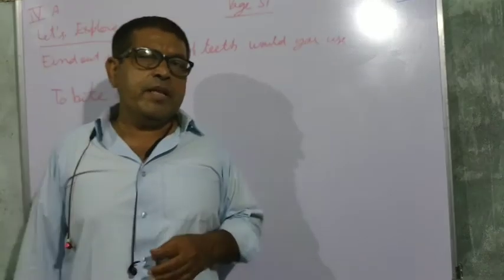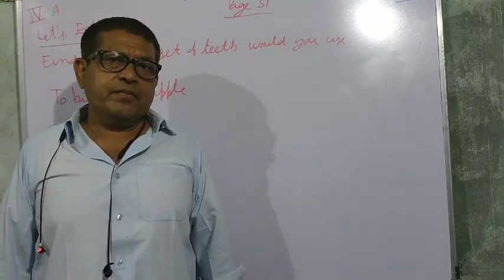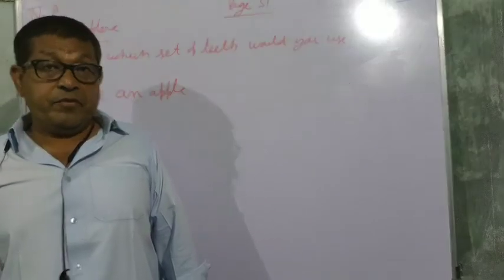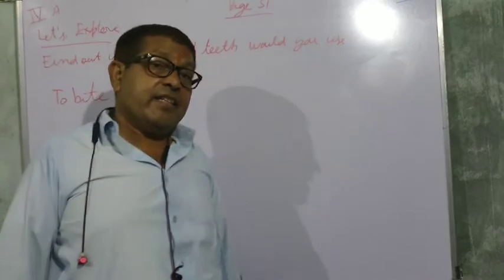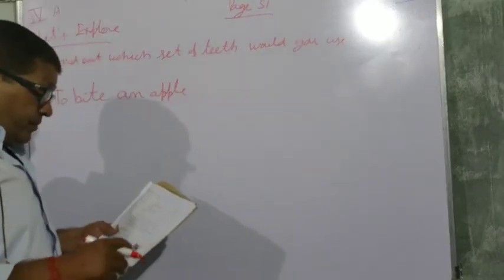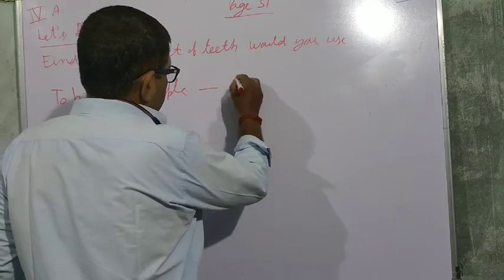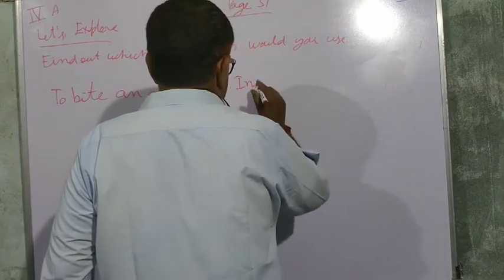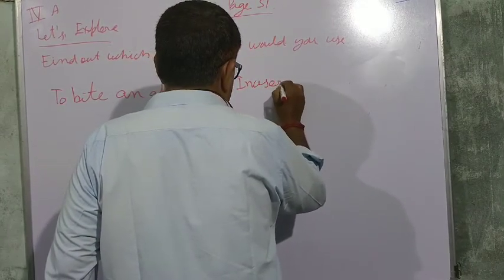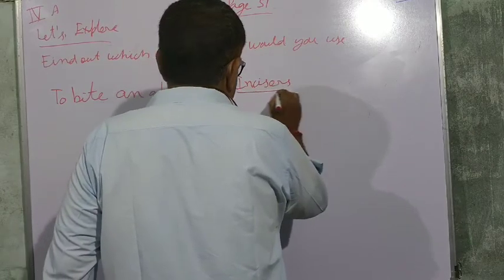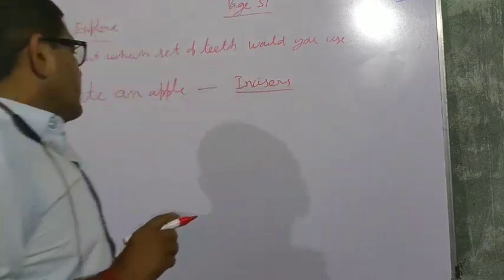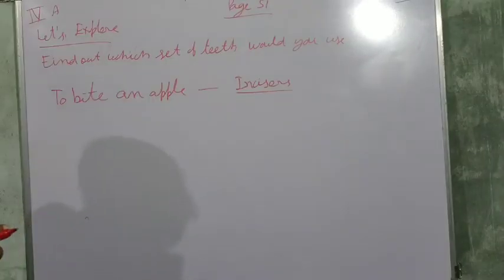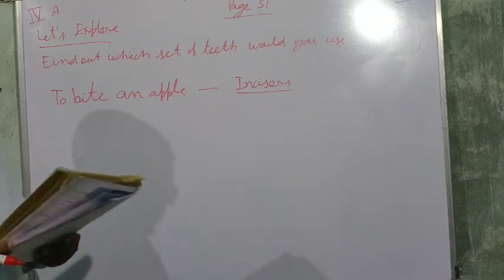No, he cannot bite, because the front teeth are used for biting the food, and the front teeth are called incisors. These are the incisors. Incisors are used for biting. If we are eating bread, we also bite with the incisors.